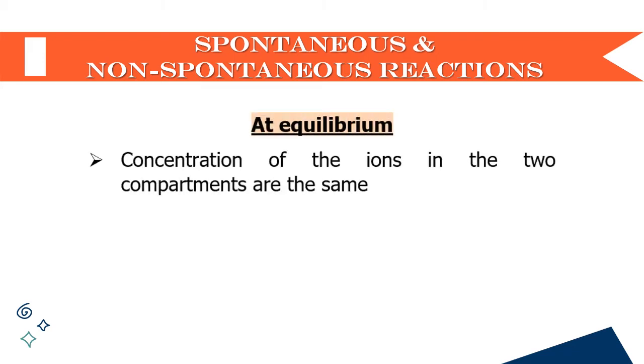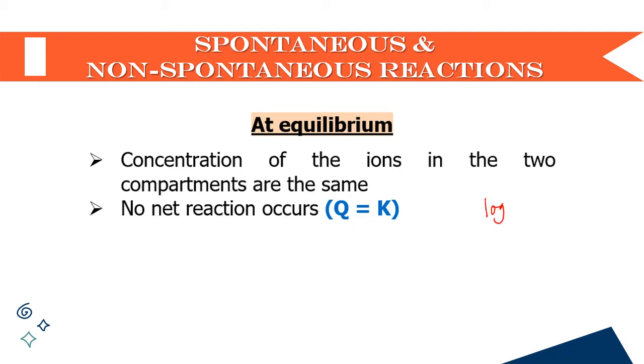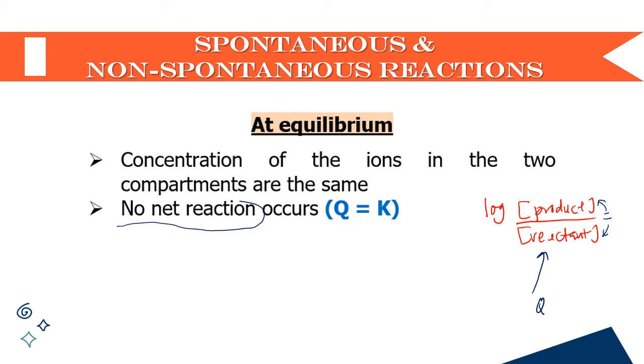Okay, so at equilibrium, the concentration of the ions in the two compartments are the same. This is just like I mentioned before. So there will be no net reaction occurring. Okay, no net reaction meaning the value of Q, our Q, product over reactant. Basically this is our Q. But since the concentration of the product equals the concentration of the reactant, there is no net reaction.